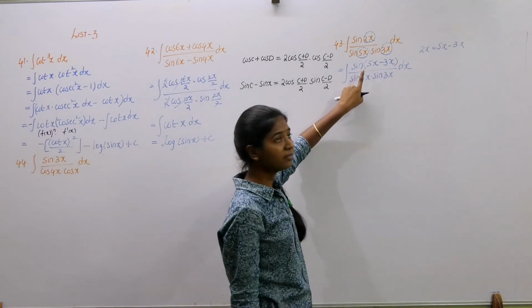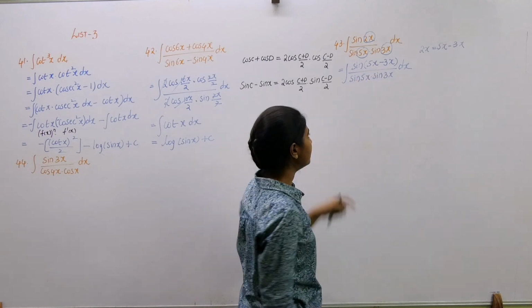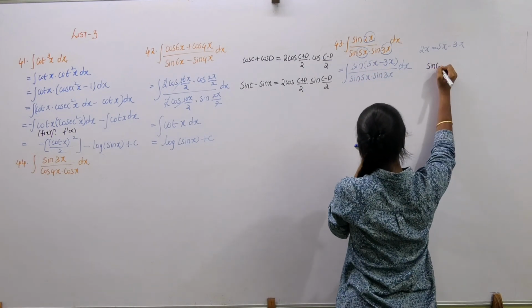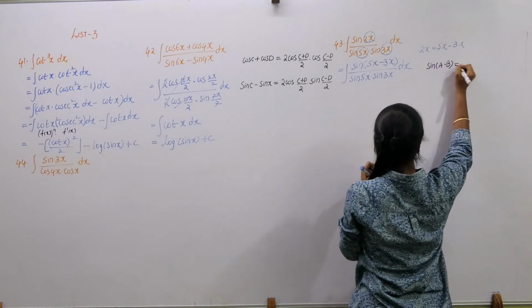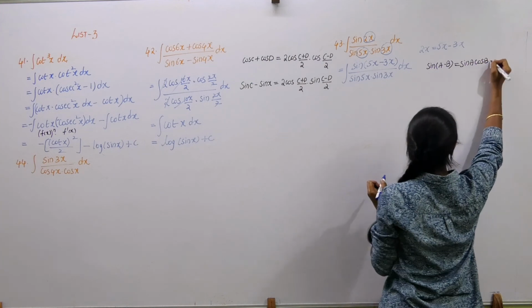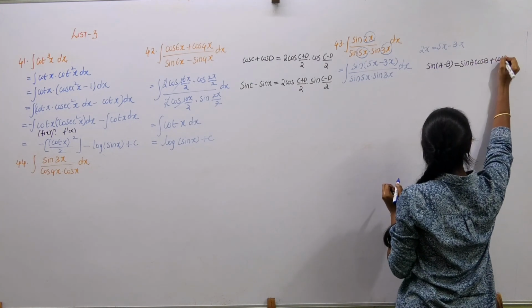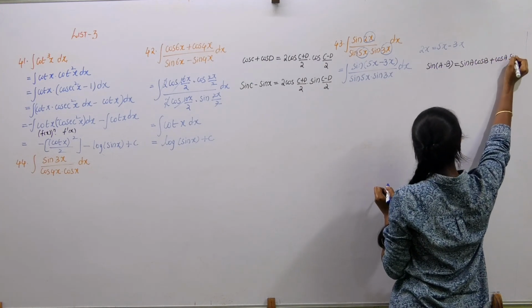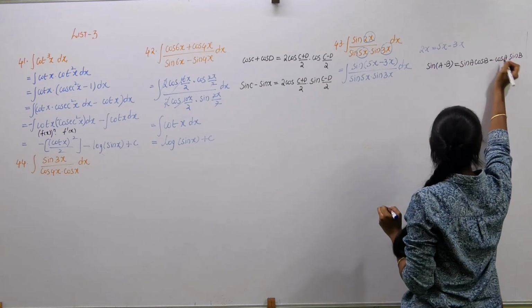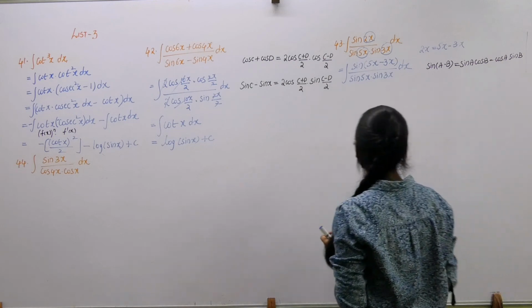This is in the form of sin of a minus b. We know the formula. Sin of a minus b is equal to sin a cos b minus cos a sin b.